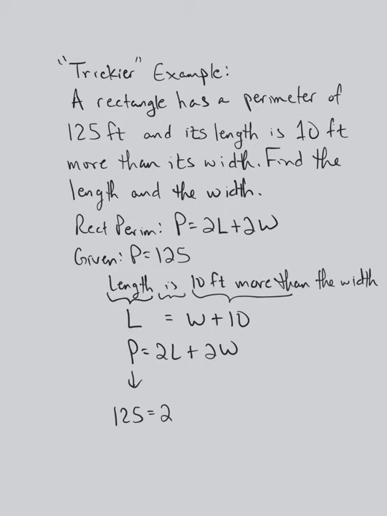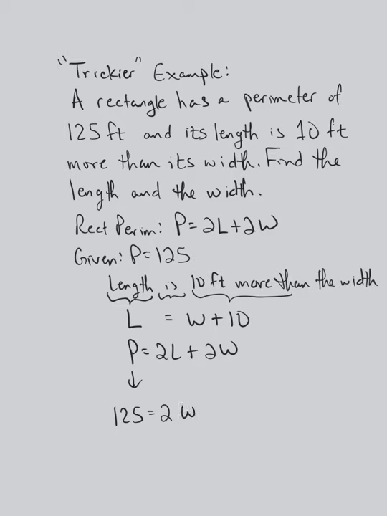That means they're the same thing. So whenever we say that two things are equal to each other, that means wherever this is written, we can replace it with this. Just like we did with P. We said P is equal to 125, so we replaced the P with 125. Now L is not equal to a number, but it is equal to W plus 10. So I could fill that in.